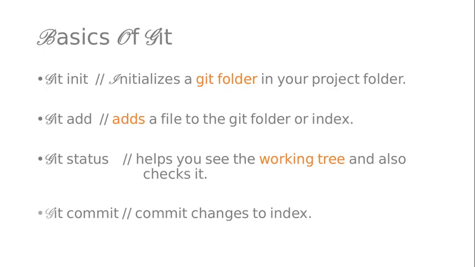The next thing is the git add. This command helps to add a file to the Git folder or index. So you're working on something and you've made some changes in your code. The next thing you want to do is to hit the git add command. It's going to check for those changes and make sure they are stored before actually committing them.